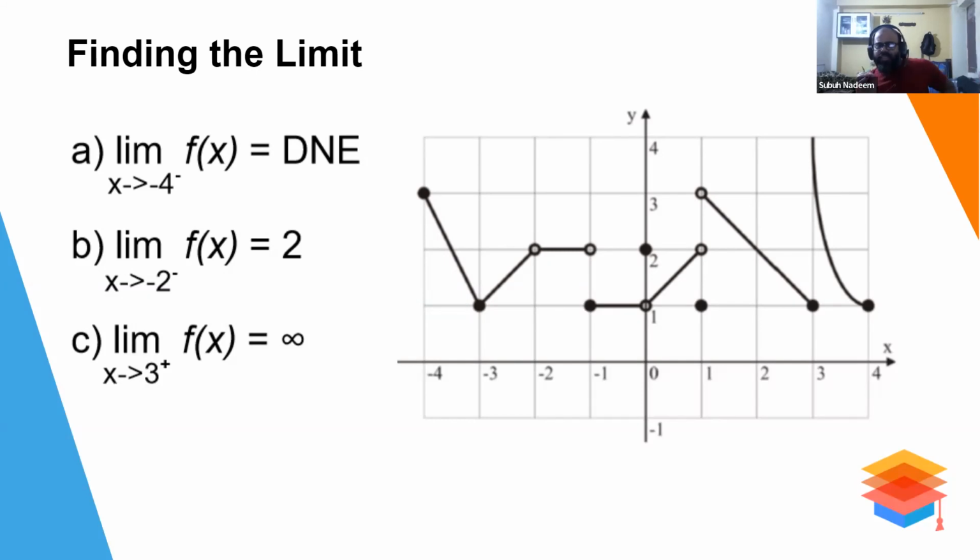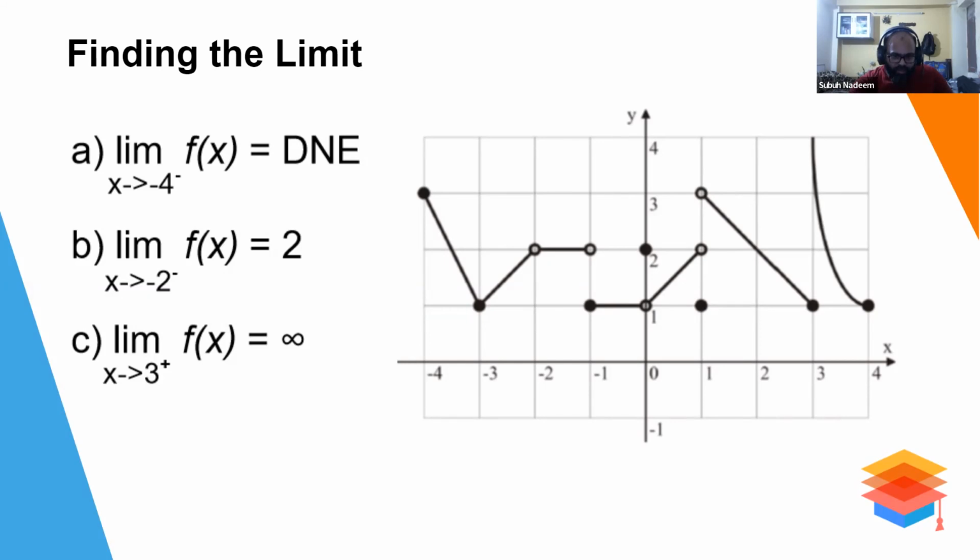At slightly less than -2, that is left of -2, slightly, what is the value of the function? It's given 2. So it is 2. Fine. Limit x approaching -2 minus will be 2 now. On the y-axis, this will give you 2.